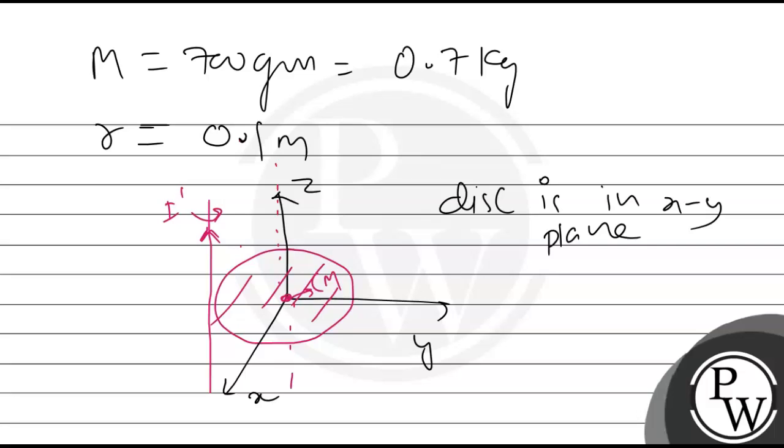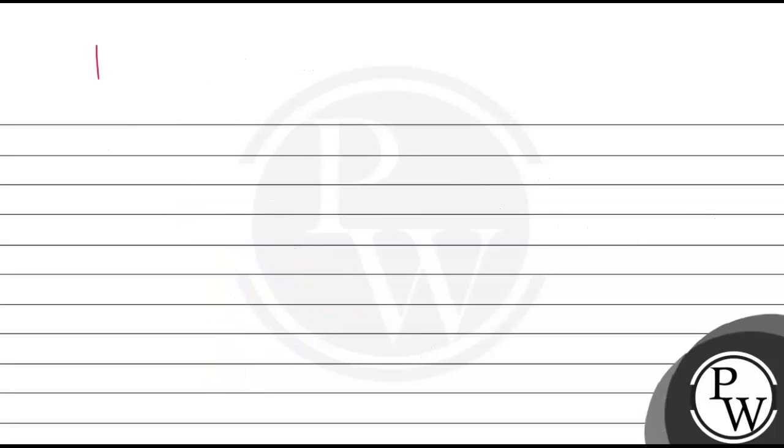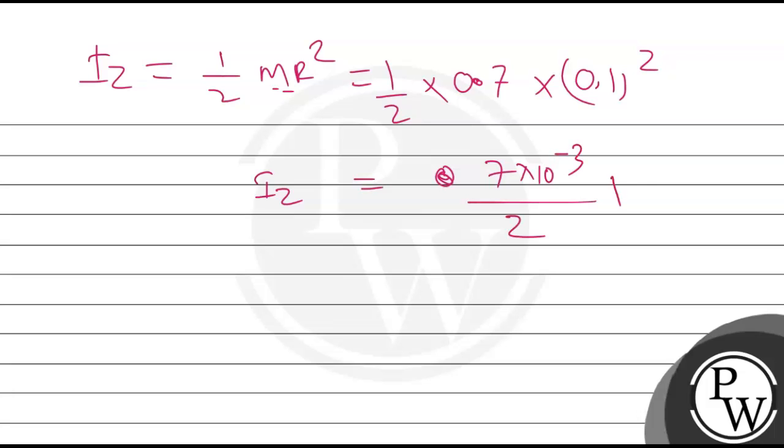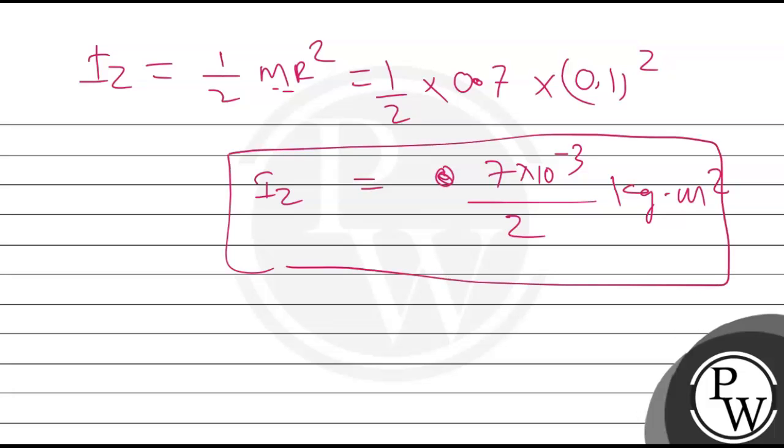From here, the moment of inertia of the disc about the z-axis is half m r square, which is half into 0.7 kg into 0.1 whole square. So Iz is equal to 7 into 10 raised to power minus 3 upon 2 kg meter square. This is the moment of inertia about the z-axis.